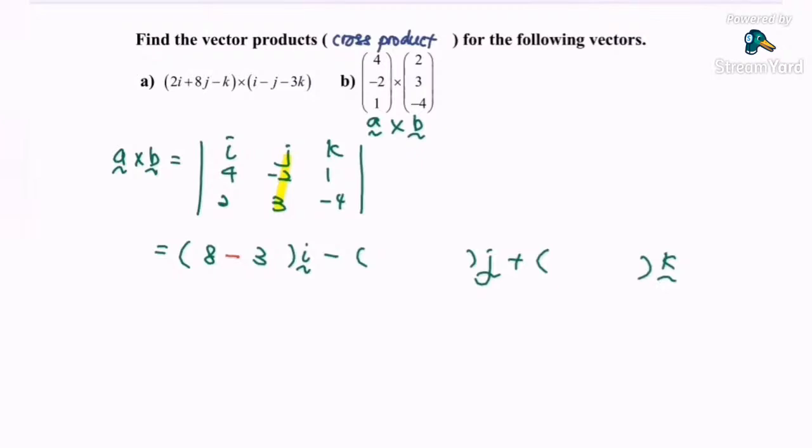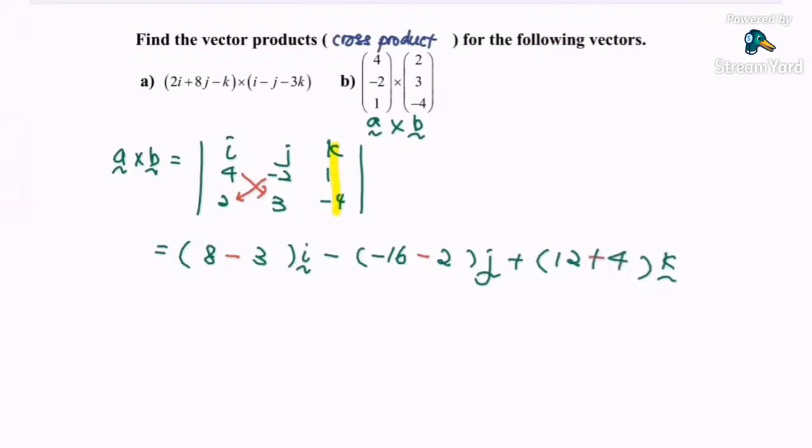So focus on this part, and we will have -16 minus multiply 1 and 2, so we will have 2. Next is to find the k. So kindly close up the k and focus on this part, where we will have 12 minus negative 4. So in here we will have positive 4.